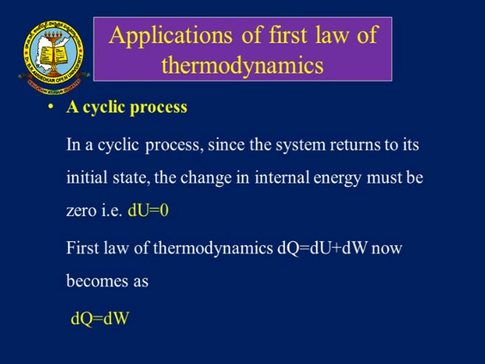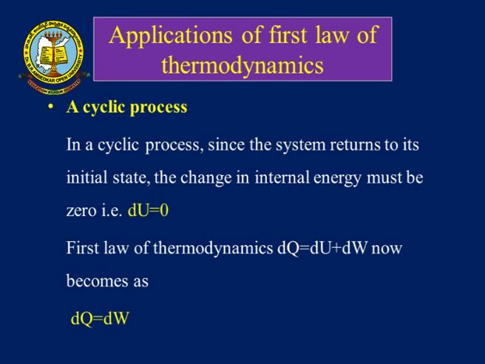That means, whenever the system moves from the initial state to the final state and comes back to its original state, the change in internal energy is 0, that is du is equal to 0. As we know, the first law is dq is equal to du plus dw. Substituting du is equal to 0, we get dq is equal to dw.